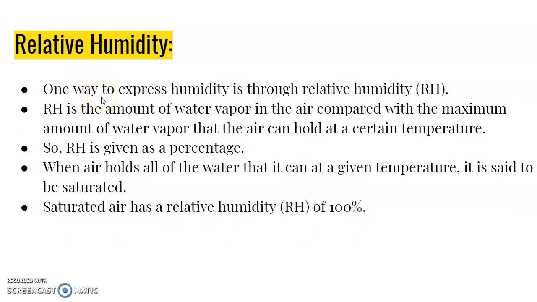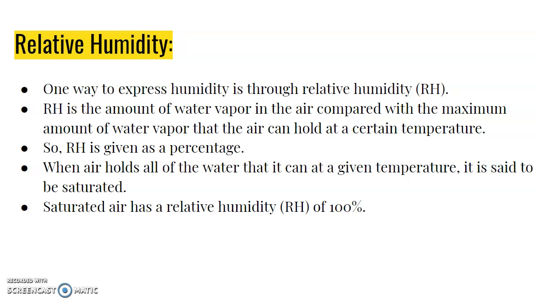Now, one way to express humidity is through relative humidity, and we can call this term RH. RH is the amount of water vapor in the air compared to how much it can actually hold at a given time at a certain temperature. We measure RH, or relative humidity, as a percentage.